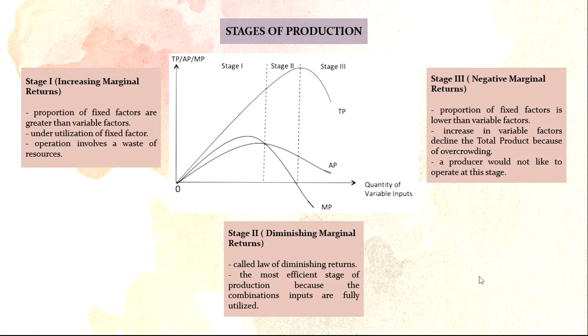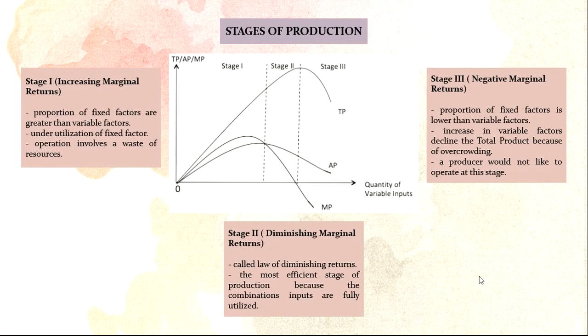It means we have a lot of machines, but few workers to handle the machines. Obviously, the output doesn't increase because of the few workers. Stage 1 doesn't maximize the production, the product or revenue, so it becomes a waste of resources.